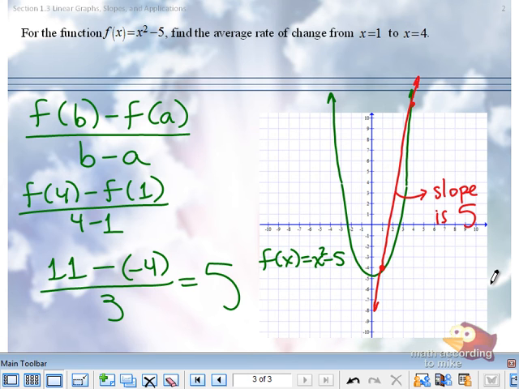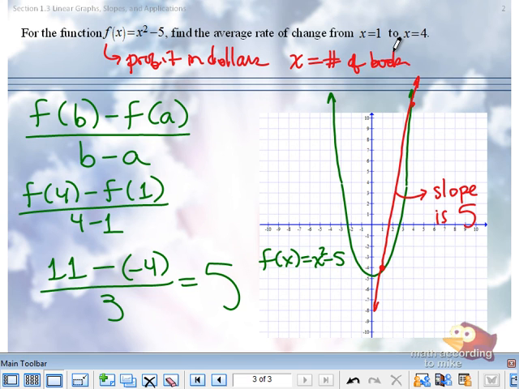Now, this one was not a word problem, but if it was, like if f represented, I don't know, profit in dollars, and if x represented, I'm just making this up, number of books, and you were asked to interpret it, then anytime you interpret an average rate of change or any form of slope, it's always y per x, meaning it'd be $5 per book.